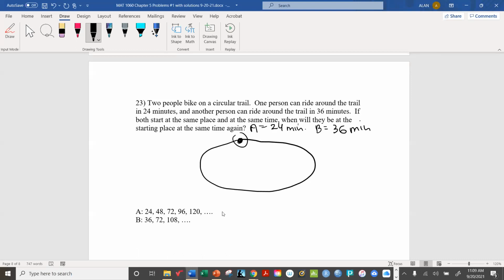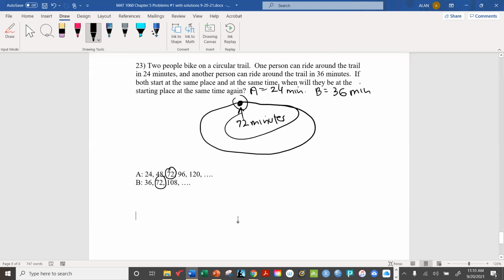Both of them will be back at the beginning in 72 minutes. Now, by that time, Mr. A will have gone around the track 3 times and Miss B will have gone around twice. But the point is that they'll both be back at the starting point in 72 minutes, and then they can have lunch. So what have we done here? It turns out that this scary looking word problem is nothing but a least common multiple problem. And once you recognize that, it becomes easy, doesn't it?